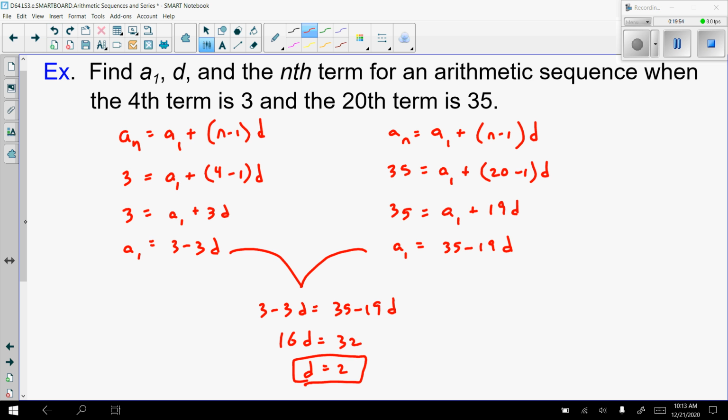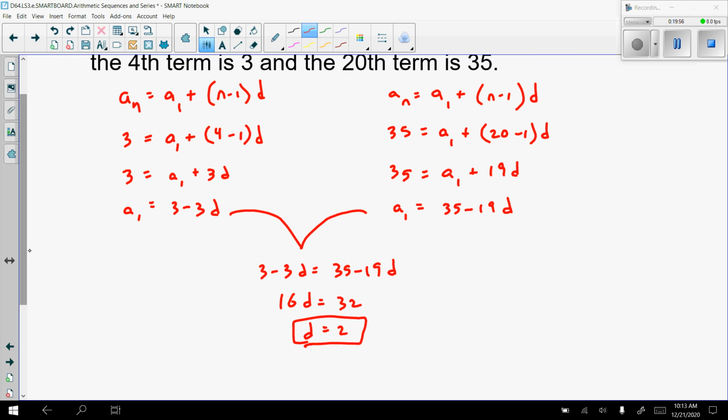So that one was pretty easy to get. So a sub 1 equals 3 minus 3d, and we get negative 3.